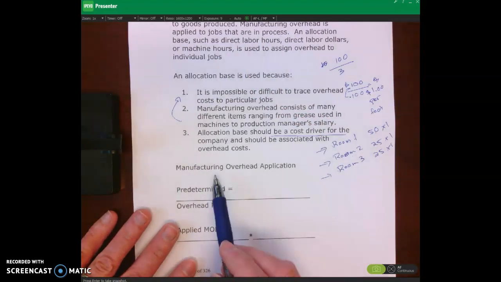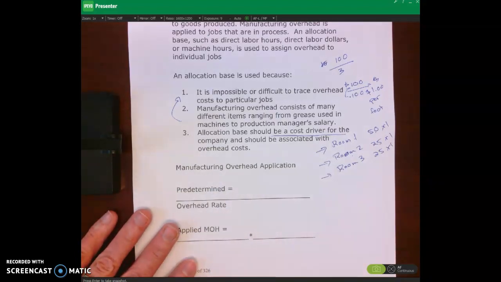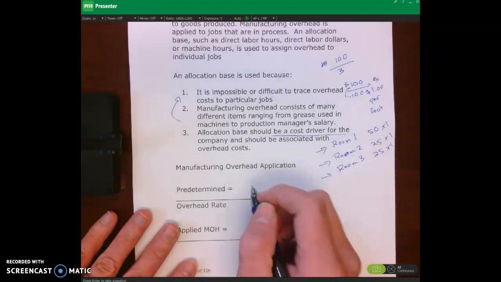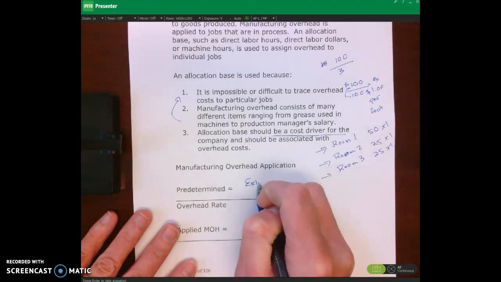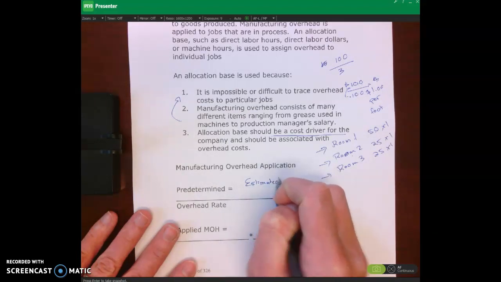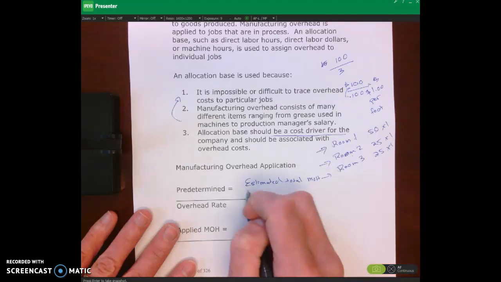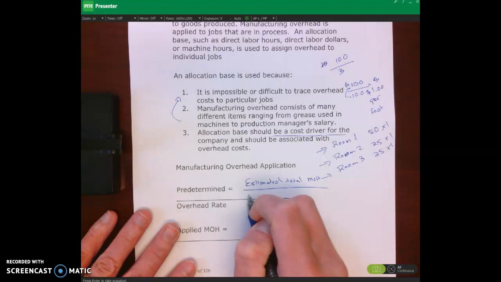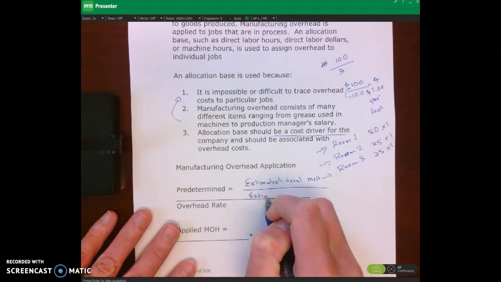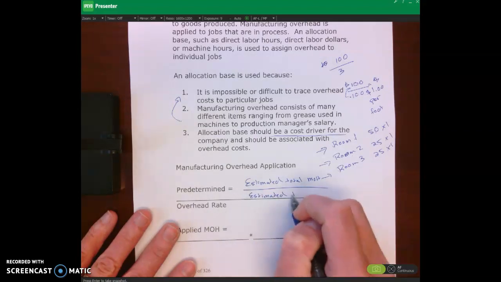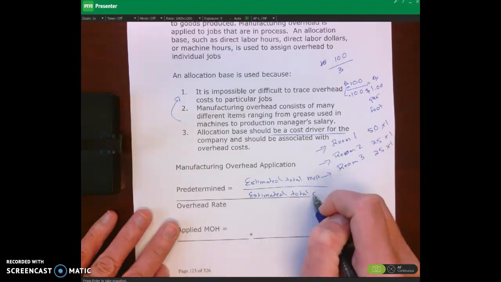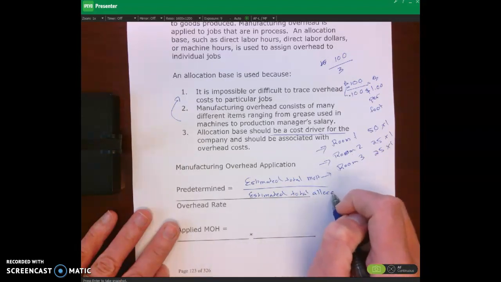Okay, so the first step in allocating or applying manufacturing overhead is to calculate the predetermined overhead rate. Okay, we have to calculate the predetermined overhead rate. And the way we do that is we divide estimated total manufacturing overhead by our estimated total allocation base.